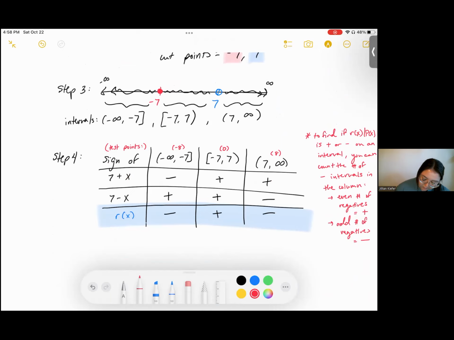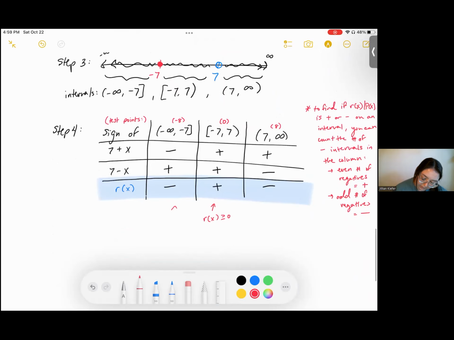Remember, this function right here is when R of X is greater than or equal to 0. These two are when R of X is less than or equal to 0, because that's when they are negative versus when they're positive. And we wanted to find when R of X was greater than or equal to 0.